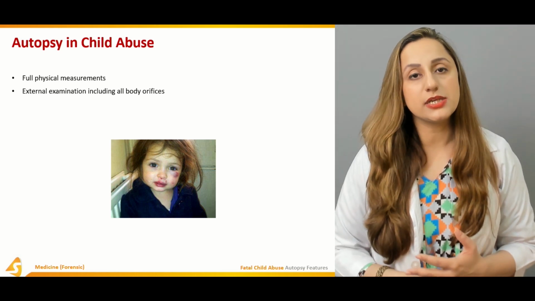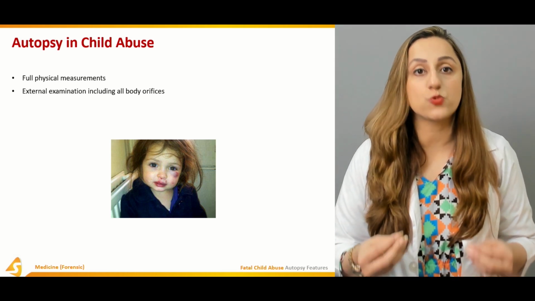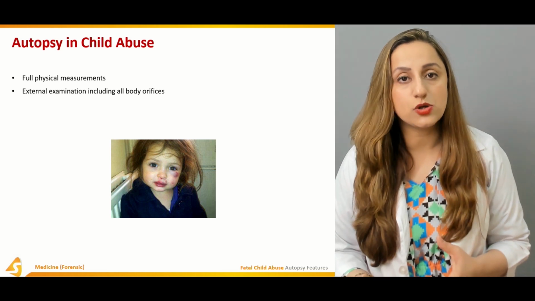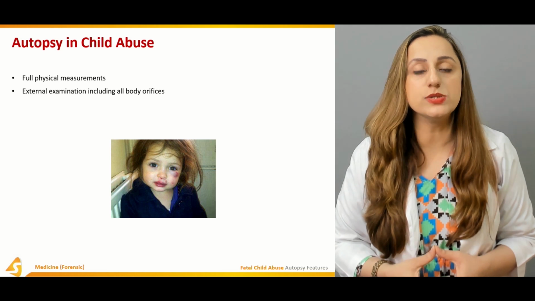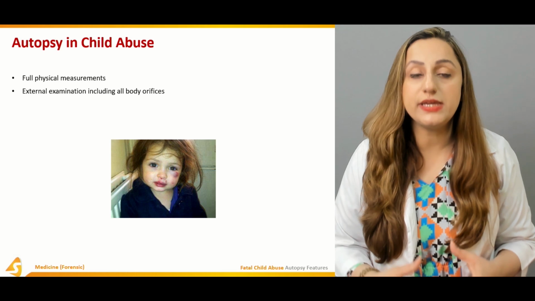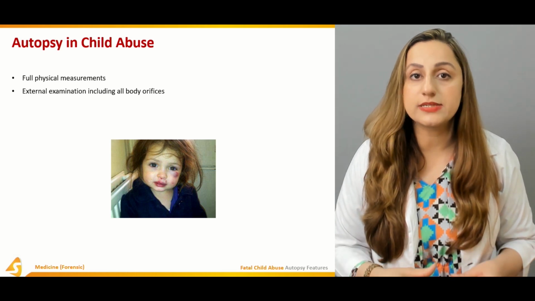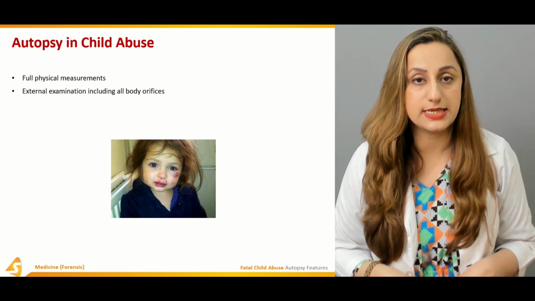The rectal examination is carried out in detail, and we take rectal swabs, which are sent to the histopathologist if we are suspecting a case of sexual child abuse. This examination will reveal the presence of semen, and that will point out that we are suspecting a case of sexual child abuse.